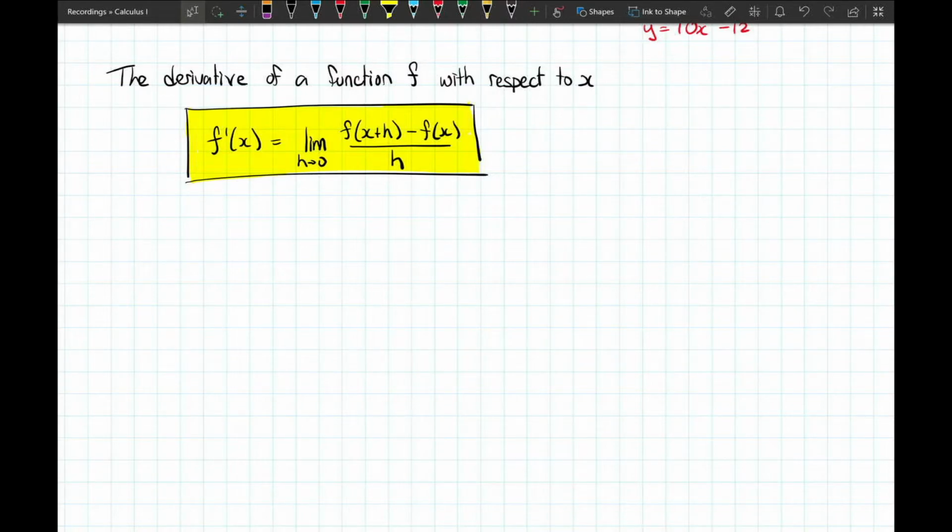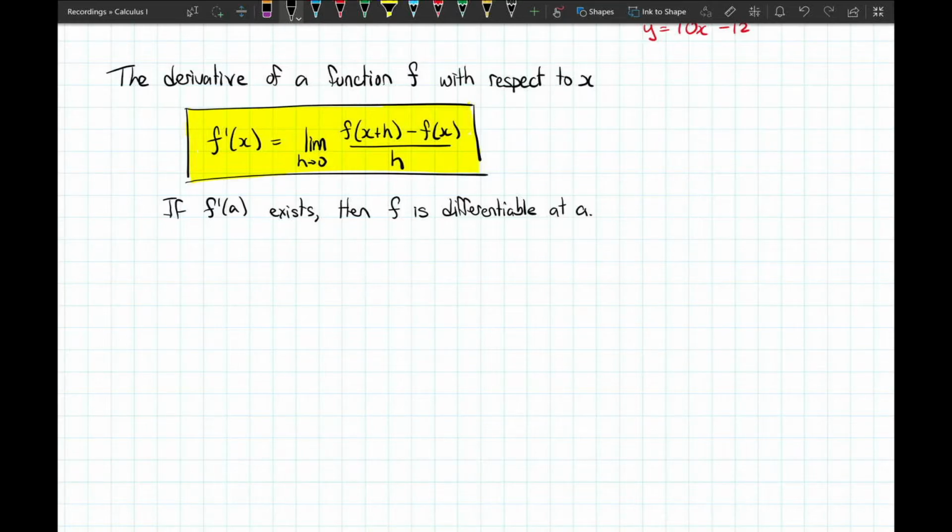Now, not every single point along the x-axis, not every single value of a, is necessarily going to make this limit exist. So we're going to come up with a little definition here. We say that if this is a value that exists at a, then the function is differentiable at a. And we can even expand that.